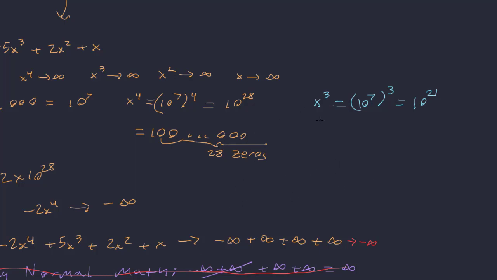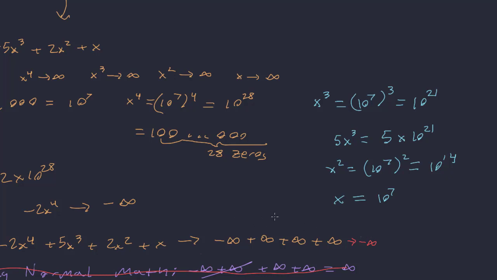So at this x value, 5 times x cubed is going to be 5 times 10 to the 21. When we square it, x squared will be 10 to the 7th squared, which will be 10 to the 14. And then just normal x is going to be 10 to the 7th.